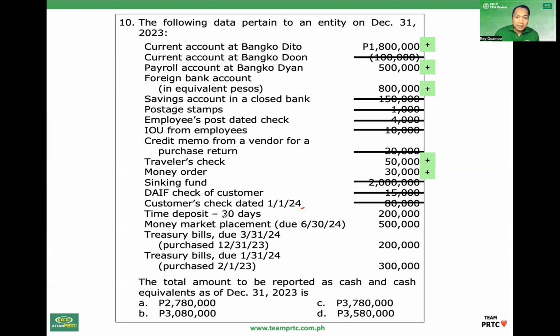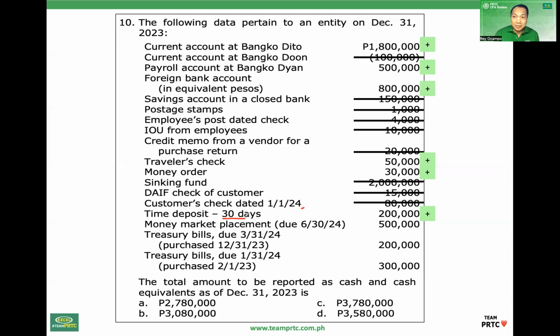Time deposit, 30 days. Since 30 days is specified, not more than 3 months, it qualifies as cash equivalent. Include, cash equivalents. Regarding time deposits, when silent, usually considered cash equivalents. If the term is specified as not more than 3 months, cash equivalent.